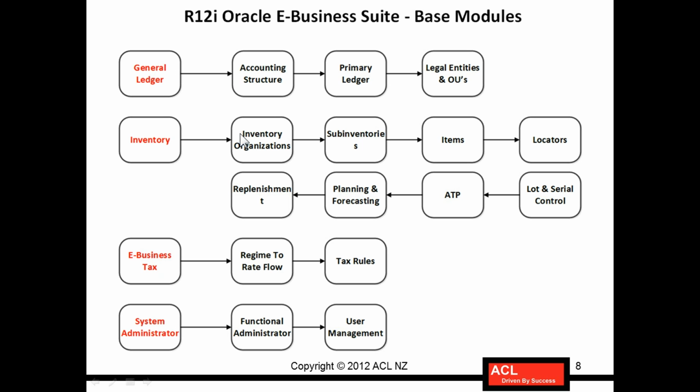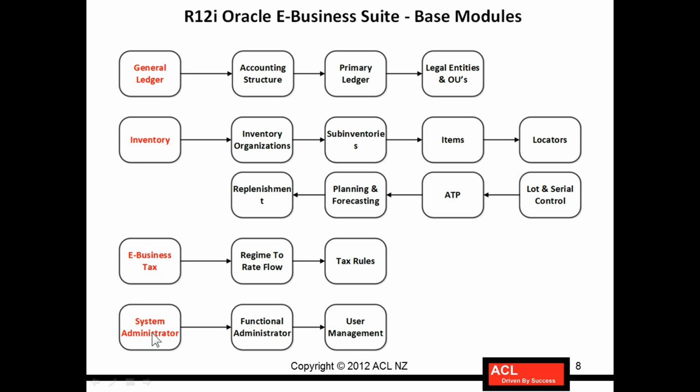Once you have set up your basic company structure in Oracle applications, you move on to other core modules, which could include inventory or eBusiness tax. You can start by setting up either of these modules.